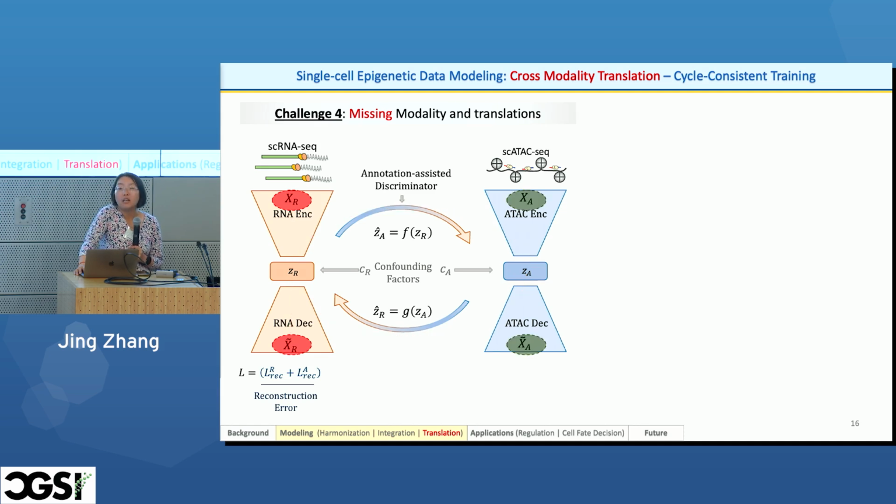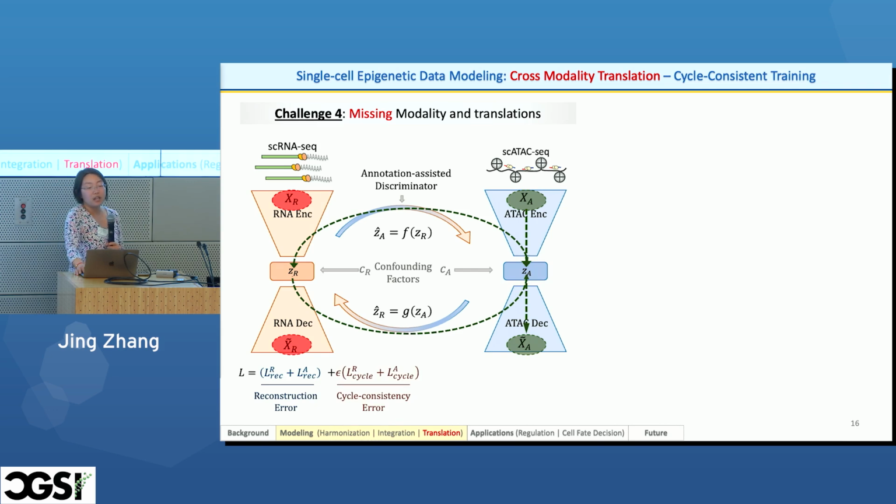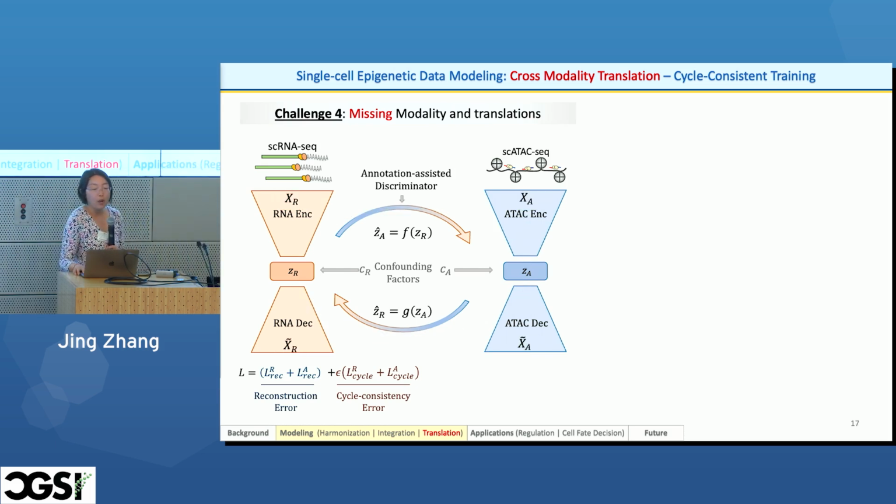Similarly, in the ATAC modality, we did the dimension reduction, projected to a different modality, and then projected back and reconstructed. So we added this cycle-consistent training process to allow the translation of these modalities in the latent space. And we forced them to harmonize within each modality.